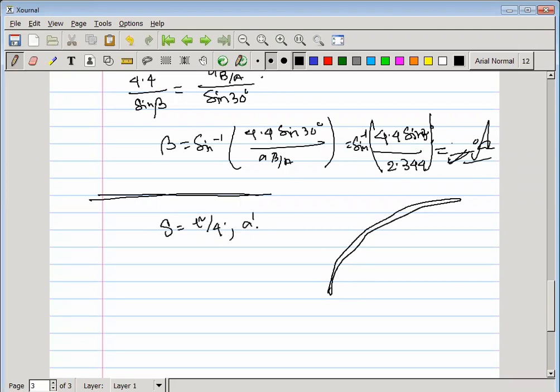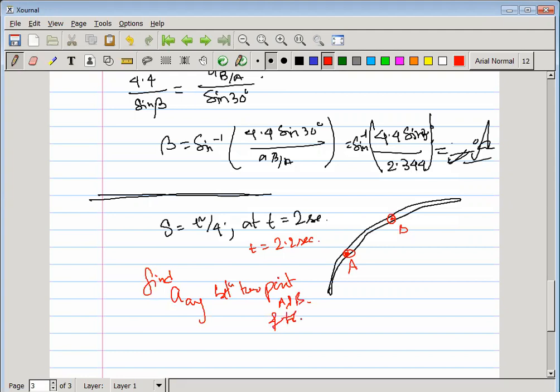It is said that at time t equal to 2 seconds, suppose this is a particle in the position of A. Suppose at t equal to 2.2 seconds, that particle goes to another point, consider that B. Then find the average acceleration between the two points A and B of that particle.